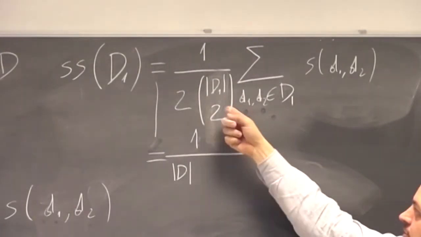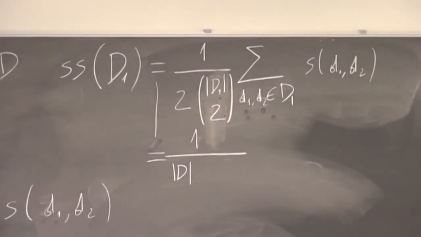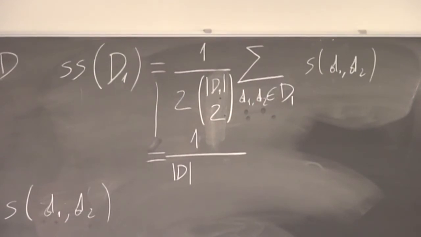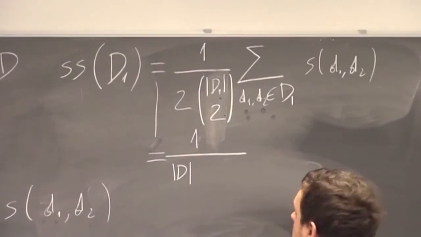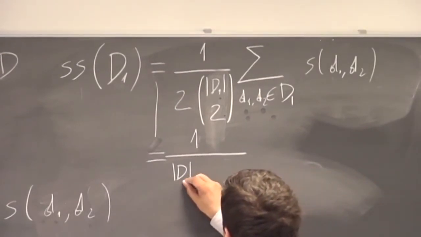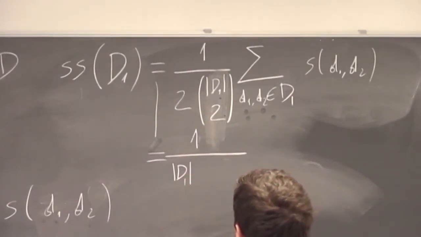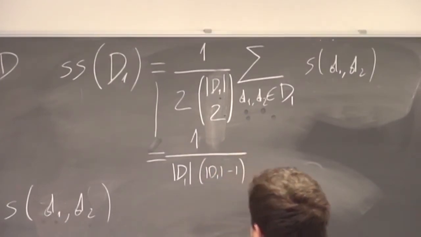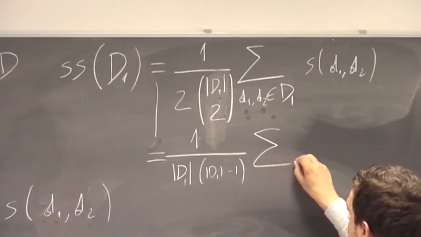So all possible pairs of elements in D1, which is this number here, sum.